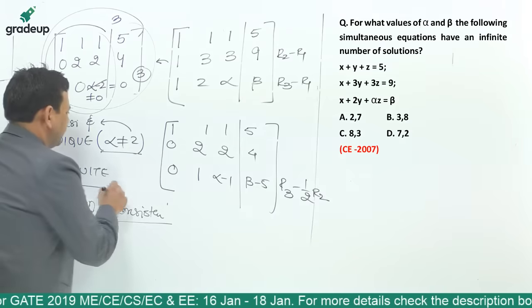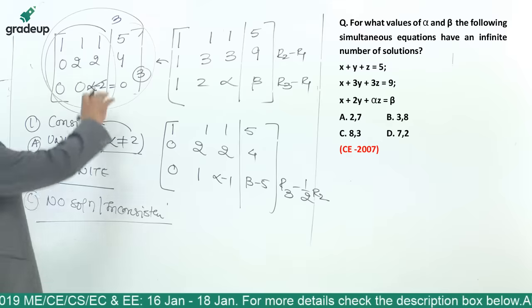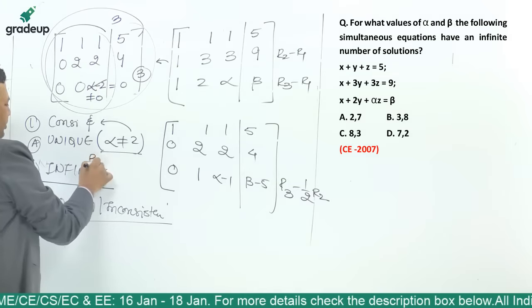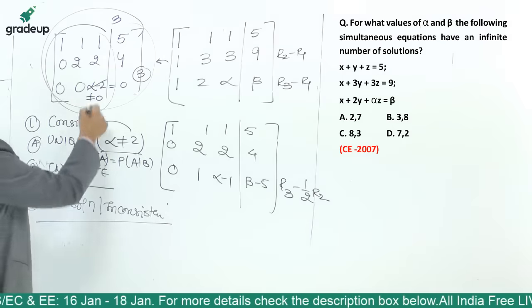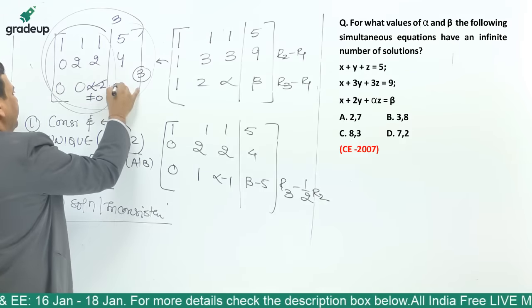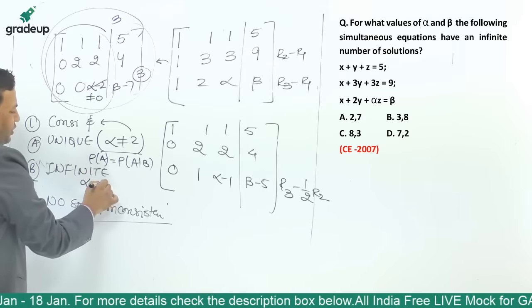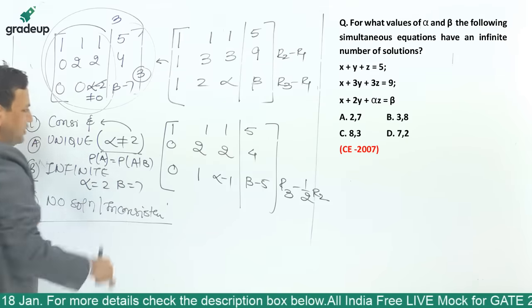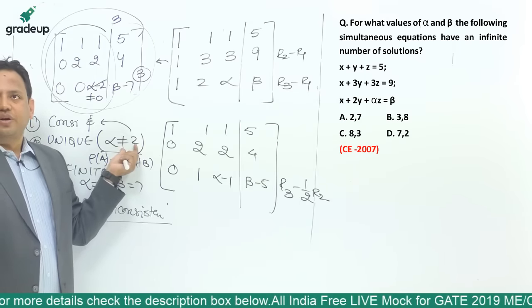Now for infinite solutions, the rank of A should be equal to the rank of the augmented matrix, and both should be less than 3. So this value should be 0 and this should be 0, so alpha is equal to 2 and beta is equal to 7.